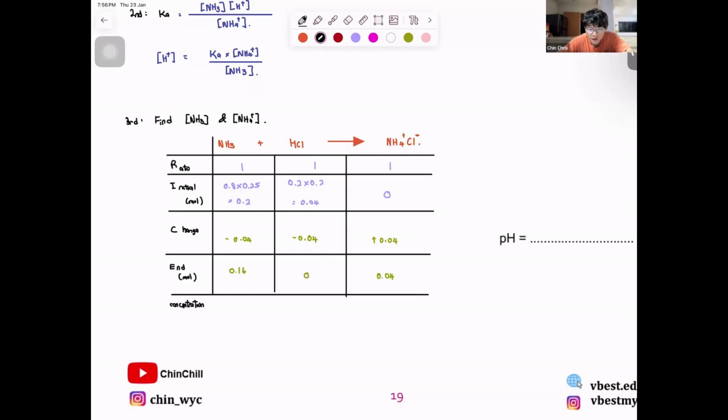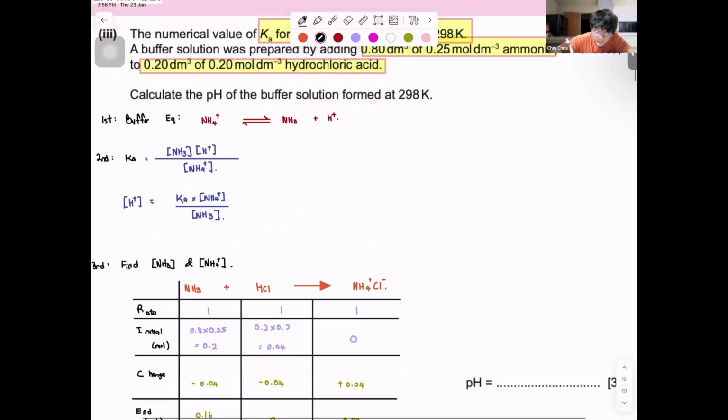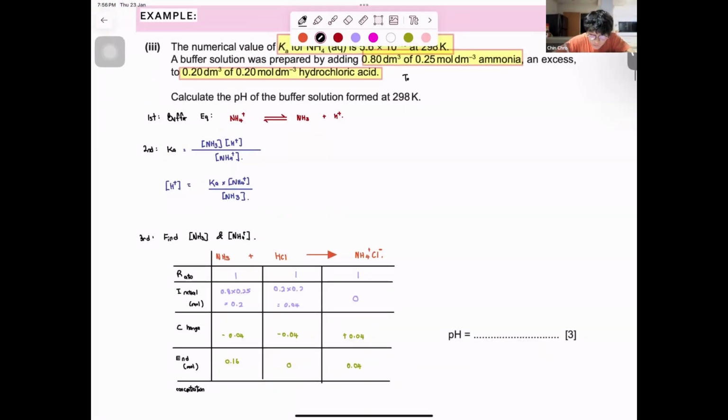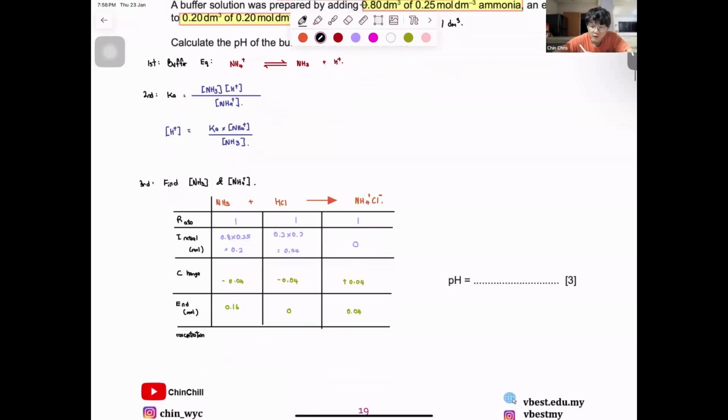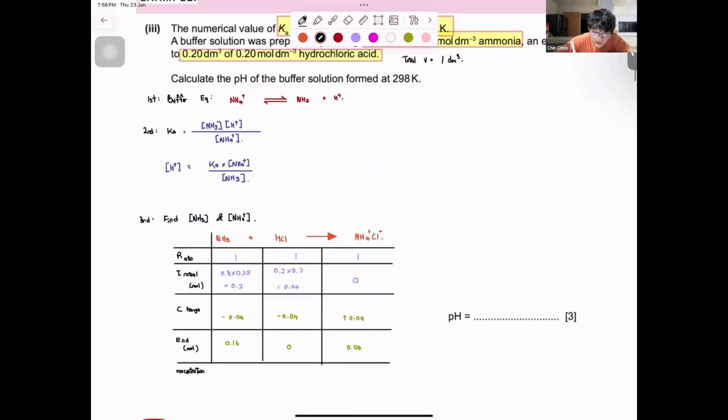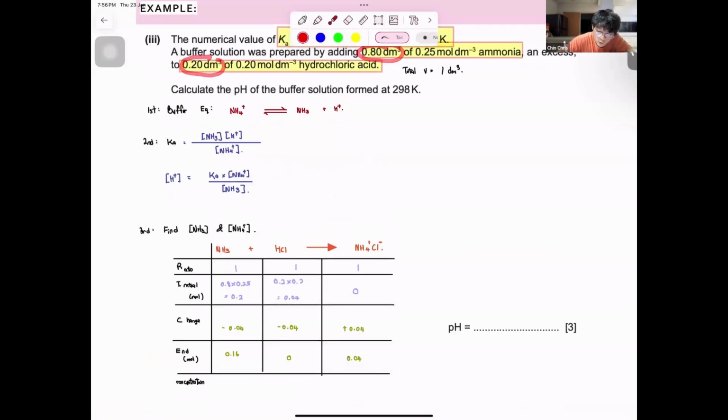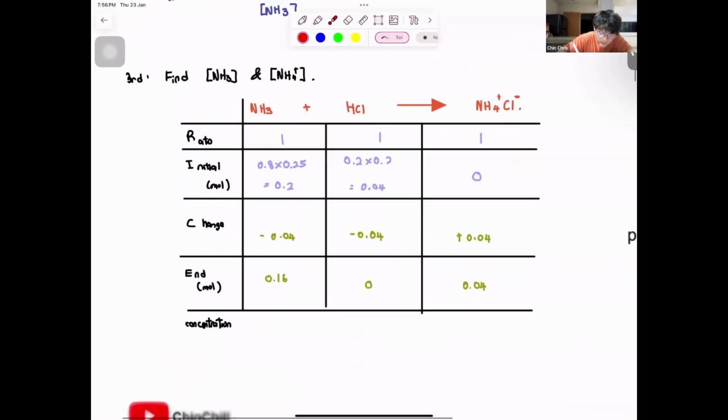So what's the concentration? What is the total volume, guys? Please tell me, what's the total volume now? You see, guys, the total volume is 0.2 plus 0.8, just 1 dm³, right? So how do you find the concentration?